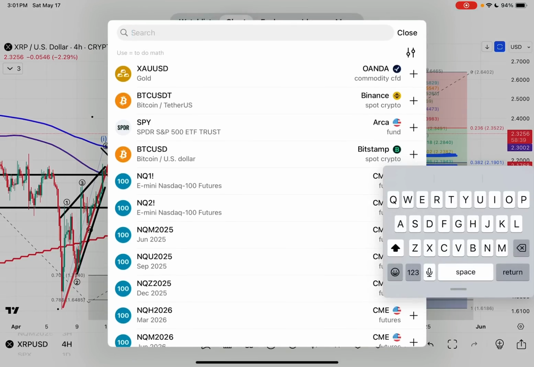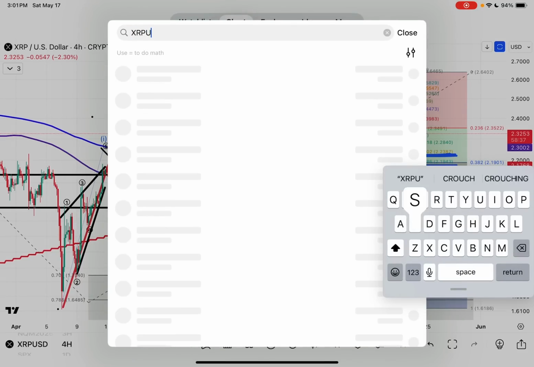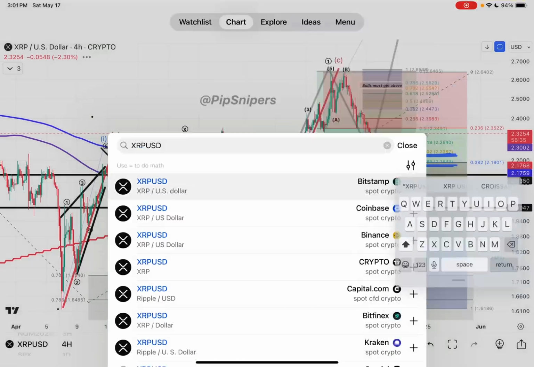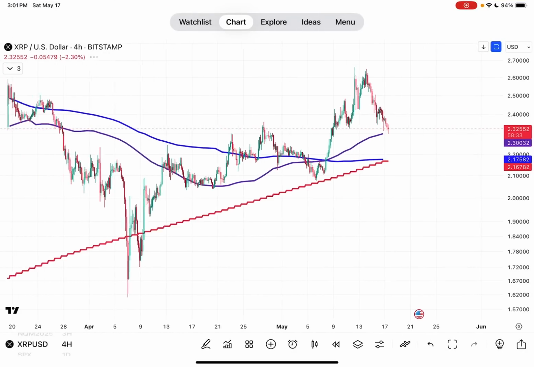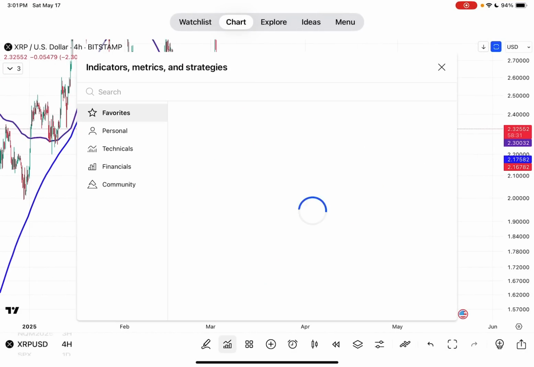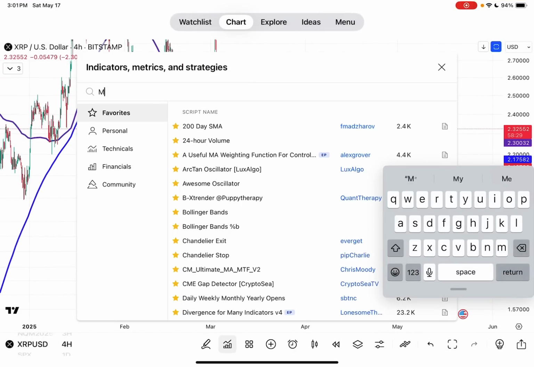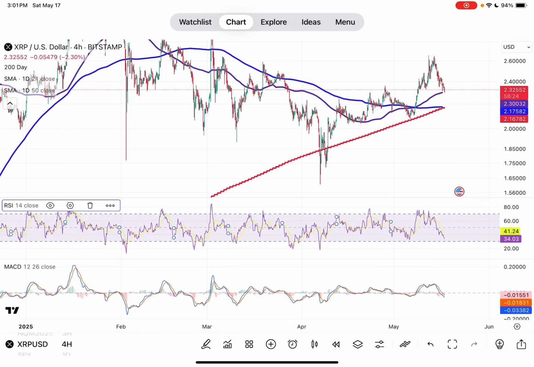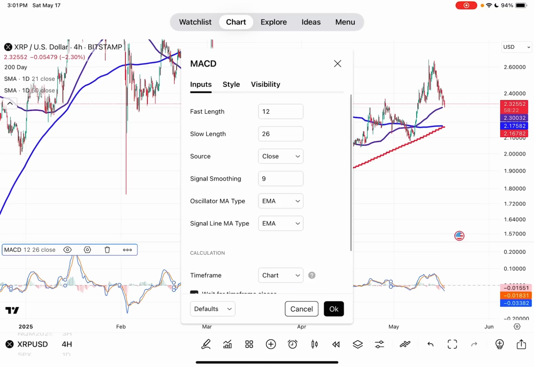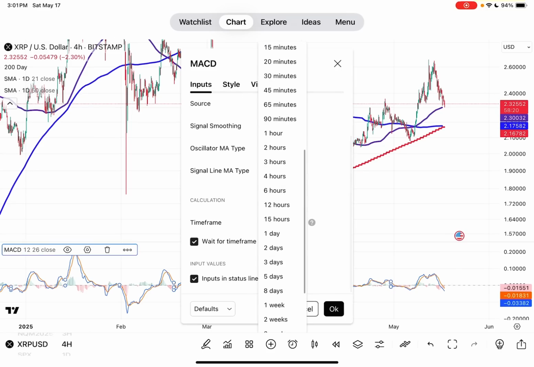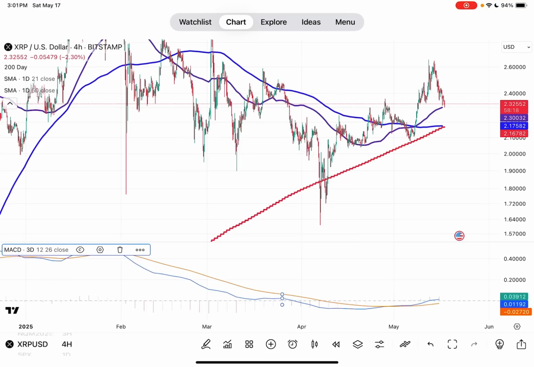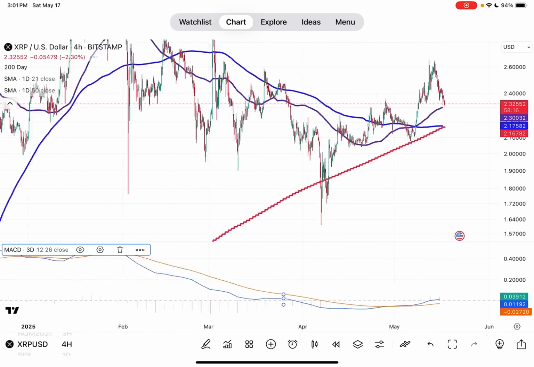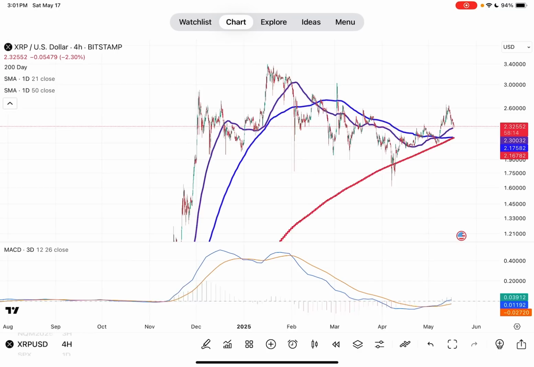Don't forget that with XRP, when we take a look at this, we see that the MACD on the 3-day time frame is still turning up. I'll show you guys right here. Okay, 3-day MACD is currently under the 0 line, turning up.